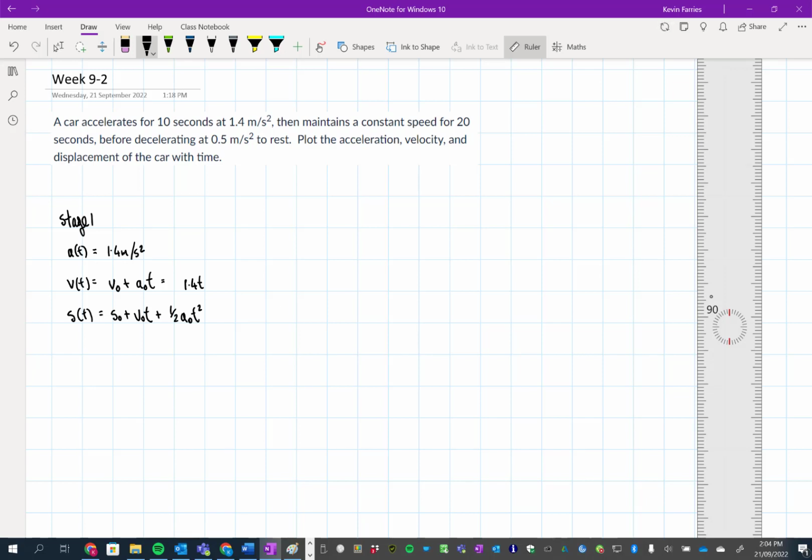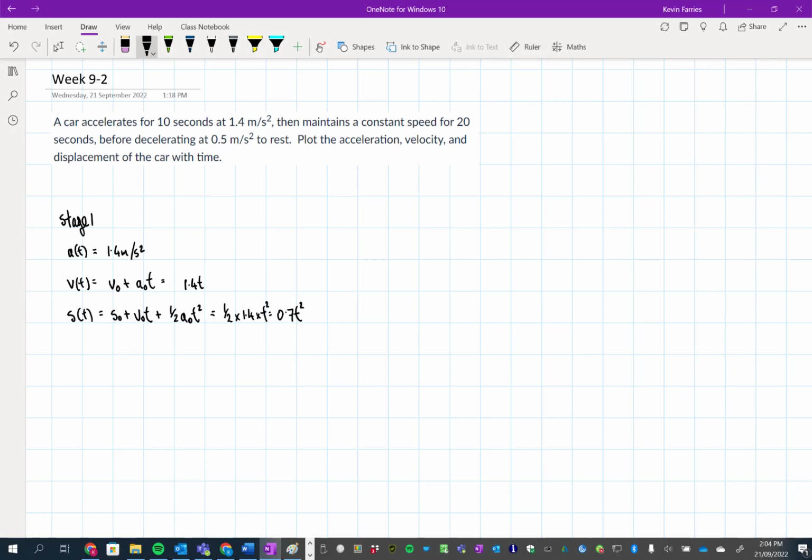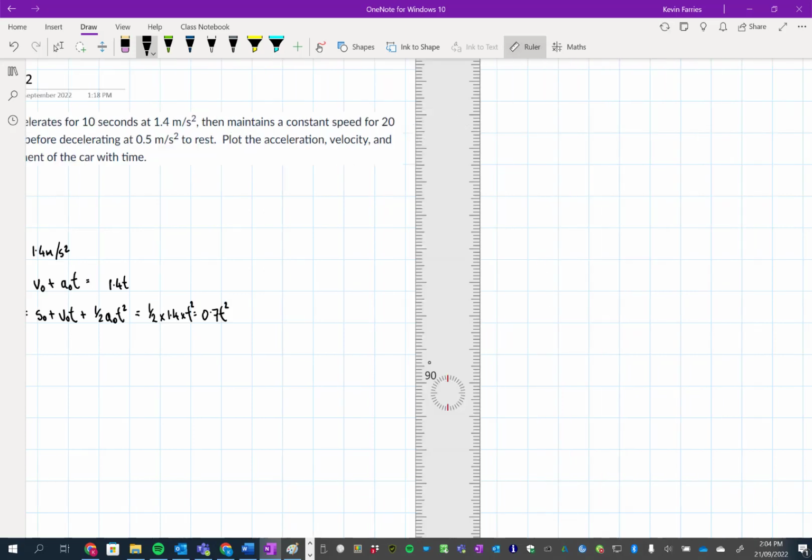It's just going to be equal to, so our initial displacement is 0, initial velocity is 0, so it's just going to be a half times 1.4 times t squared, which is just going to be 0.7 t squared. So that's the equations of motion for that first stage.